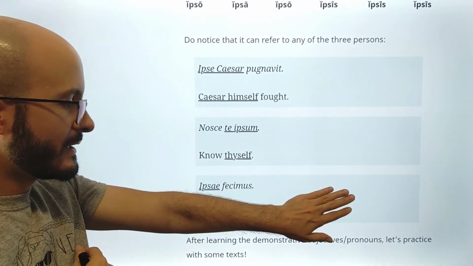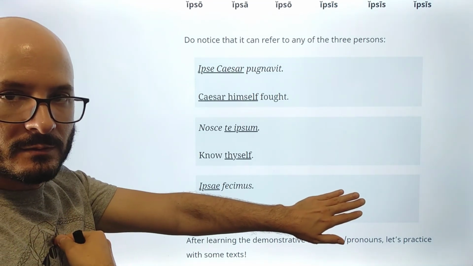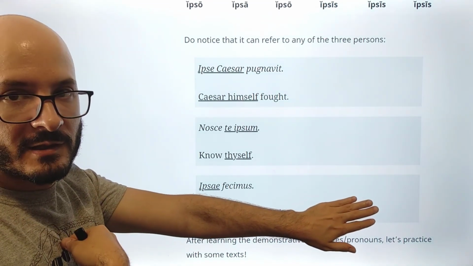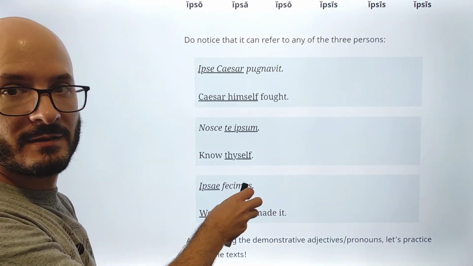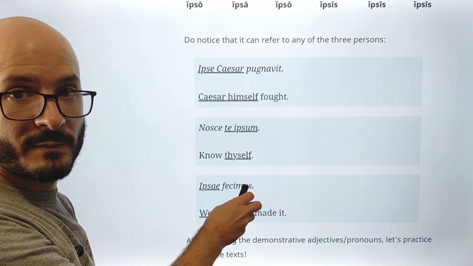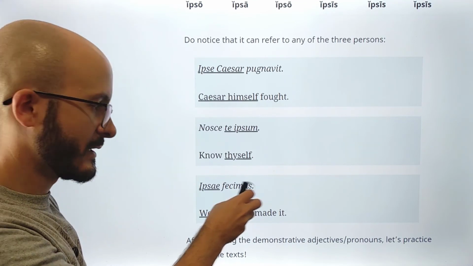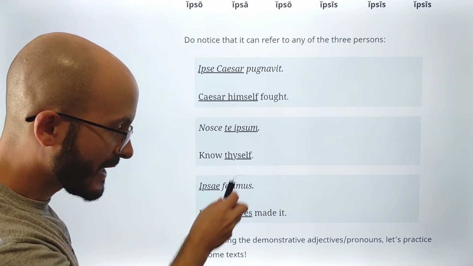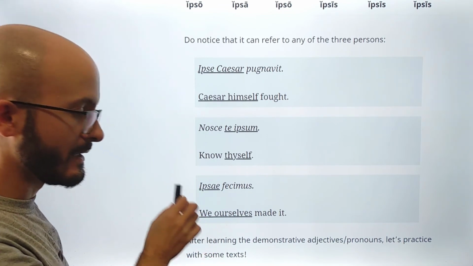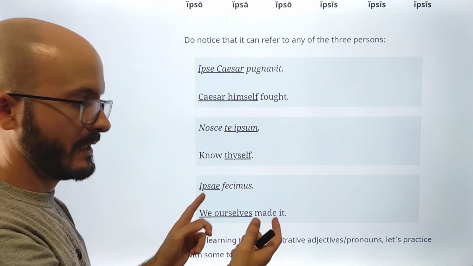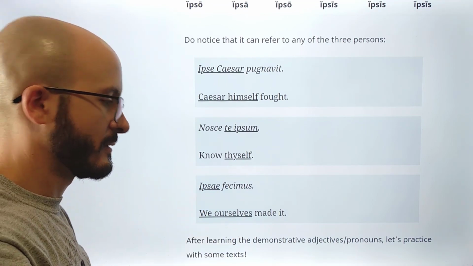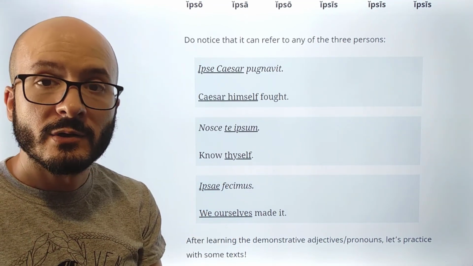So how do we know that it is we, women ourselves, did it? Because the verb says that it is first person plural. Okay, so that's how we know that it is we. Okay, in Latin it is quite obvious. In English I know that it is not so obvious. Okay. So that's it.